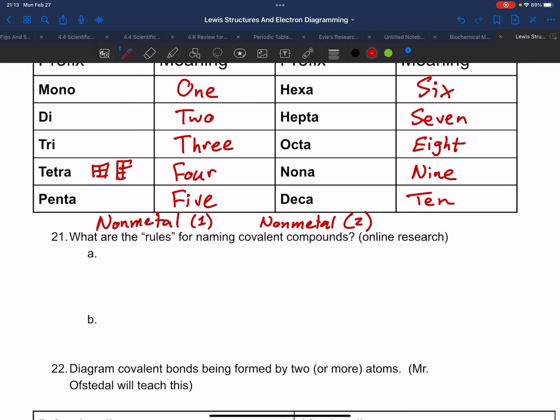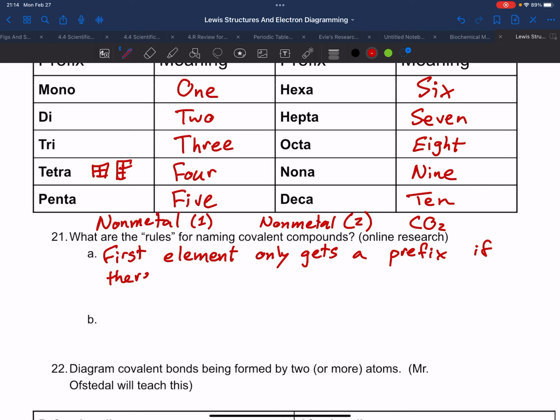So for example, in CO2, the first nonmetal, or we'll just call it element, the first element only gets a prefix if there is more than one of them.